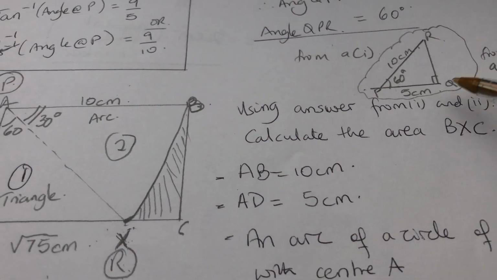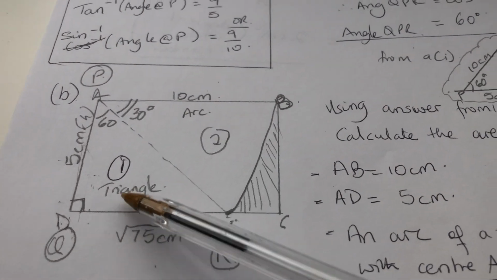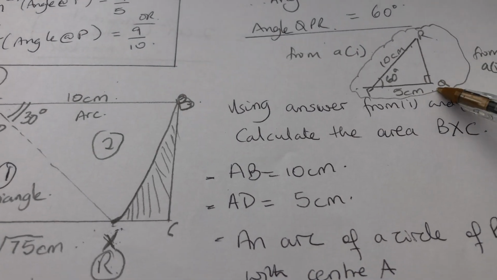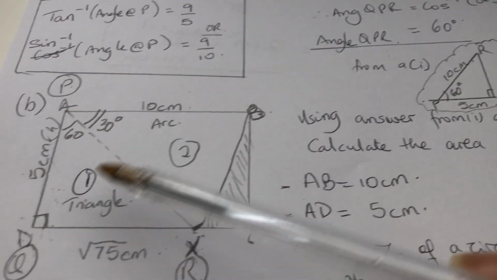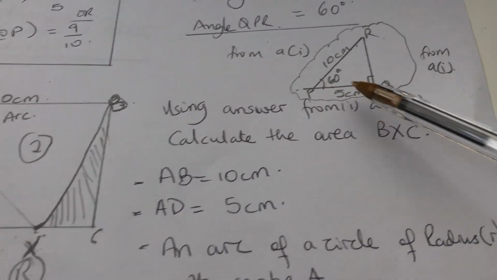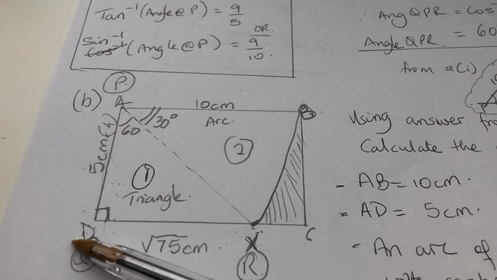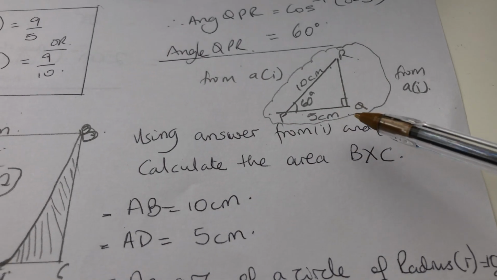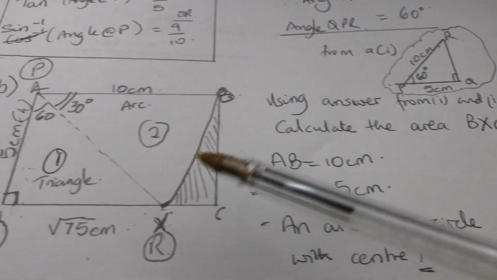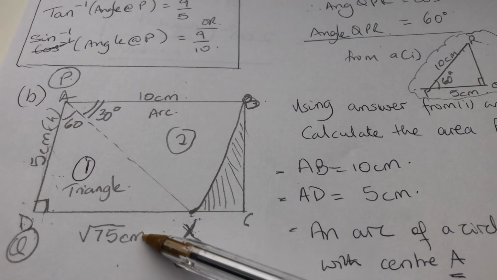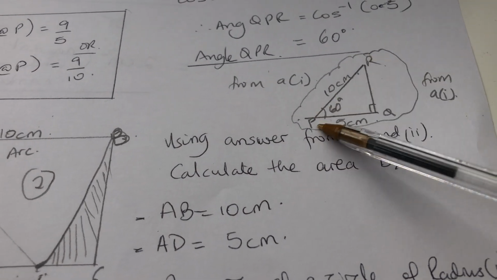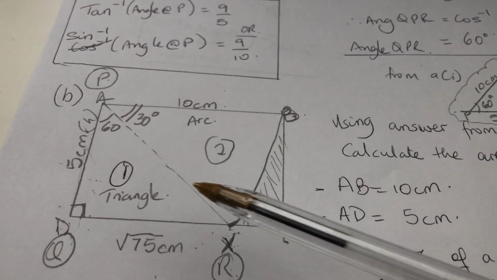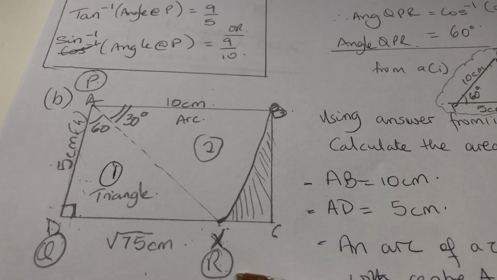If I fit this triangle in here, so PQ, this side is 5 centimeters. We found QR to be root of 75, and that side is 10 centimeters, PR, which is PR here.